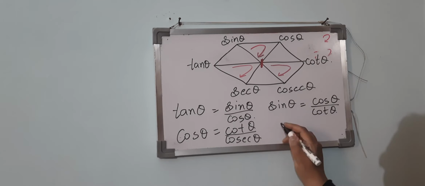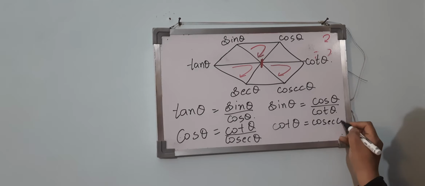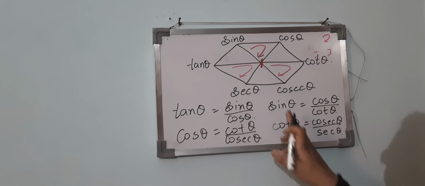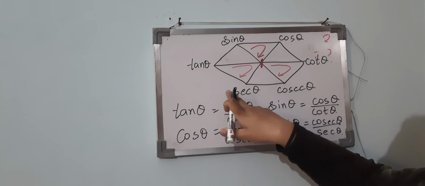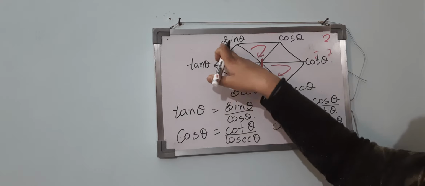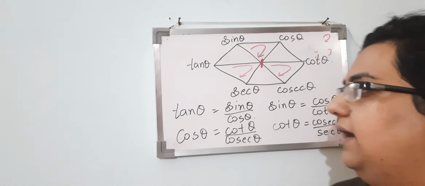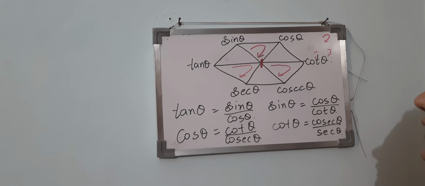Similarly, you go ahead: cot theta is equal to cosec theta over sec theta. Then cosec theta equals sec theta over tan theta. Then sec theta equals tan theta over sin theta. So these are the trigonometric identities and we can easily get these formulas.